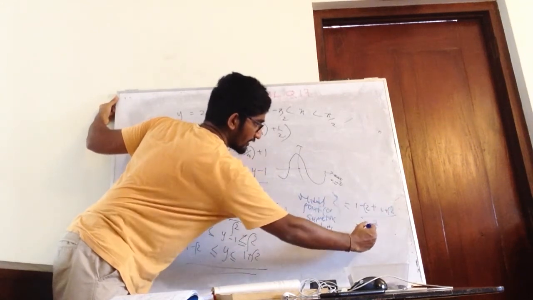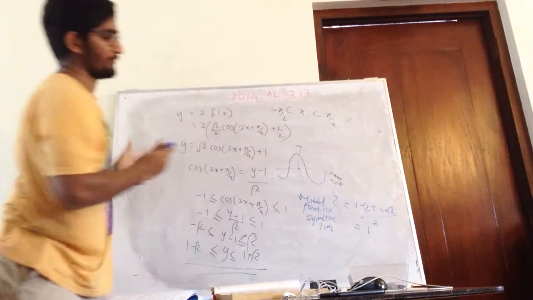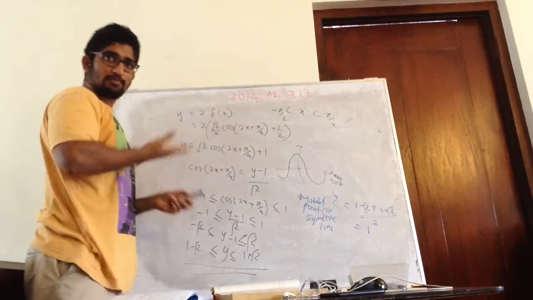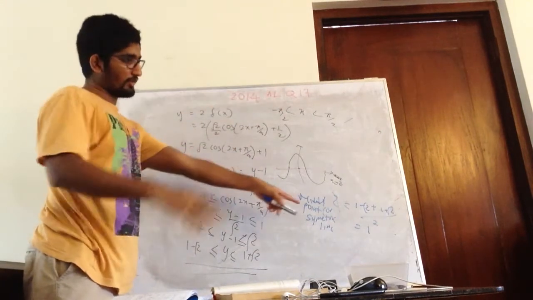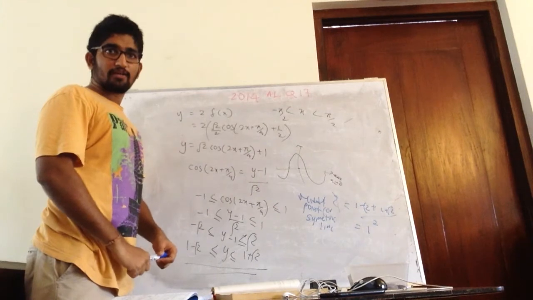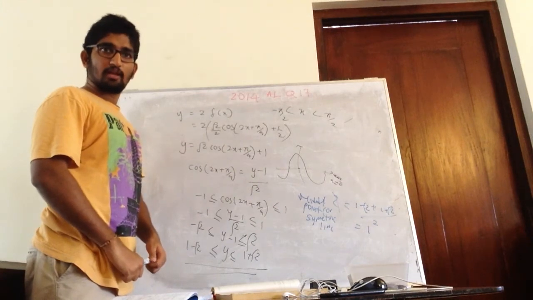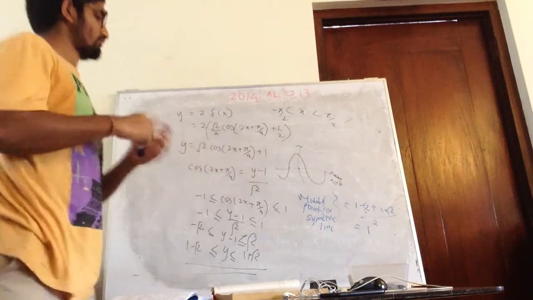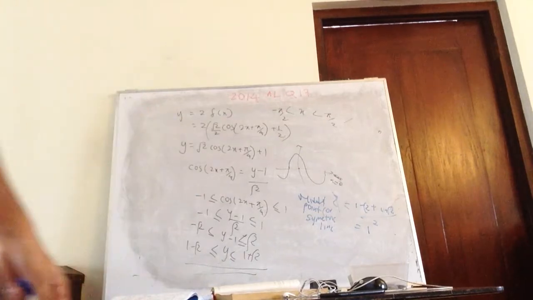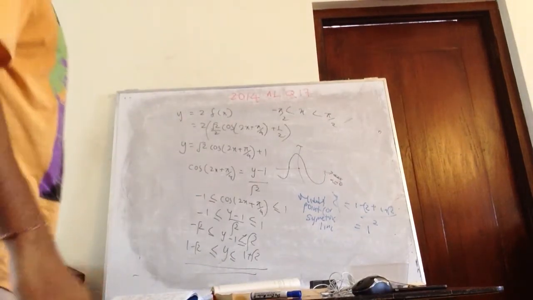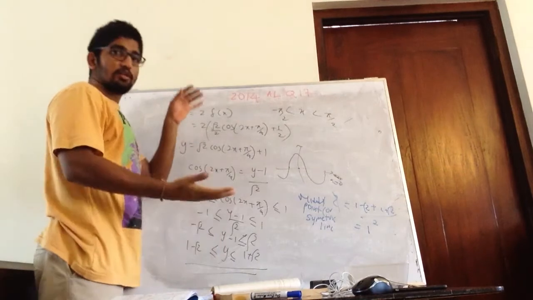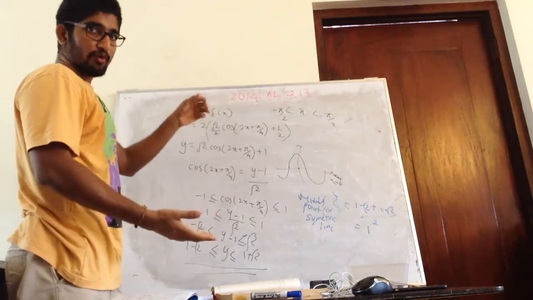So these two get cut off. So now this is symmetric over y equals 1. Right, so now we know the range of y.